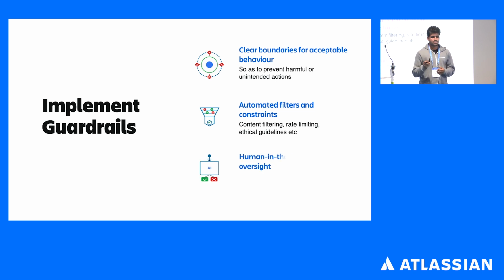And lastly, you can always incorporate a human in the loop. So let's take an example. If there's, let's say, an AI-driven hiring system, that should require human approval before the candidates proceed further, so as to avoid biases.